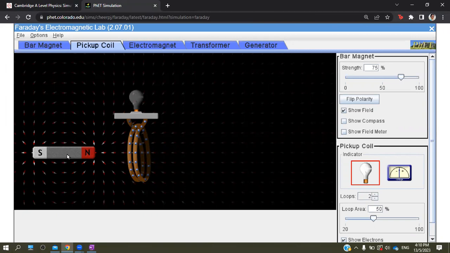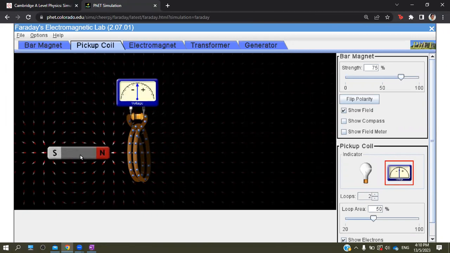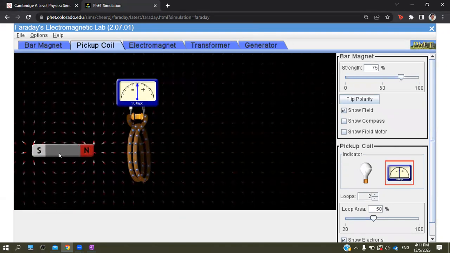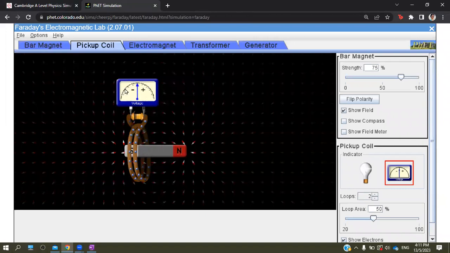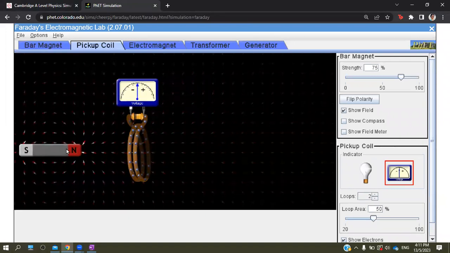And right now there is no current because the light bulb is not turned on. If not, I can replace it with a voltmeter. But if I move it, you will realize that as I move the magnet bar into the coil, it will deflect to the negative side. When I move it out of the coil, it will deflect to the positive side.